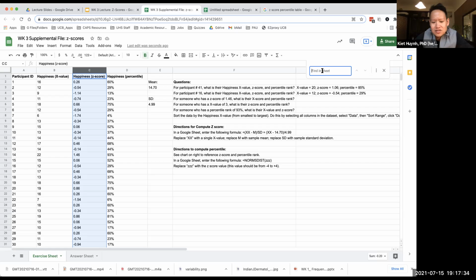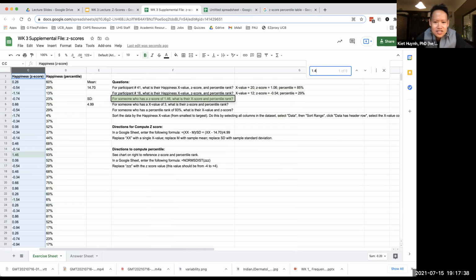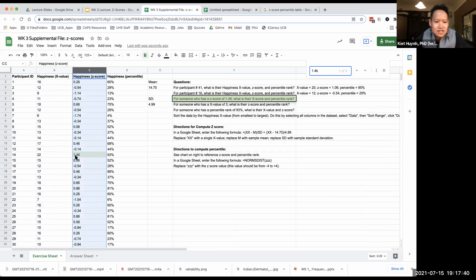It's the keyboard shortcut for finding in a sheet. Put 1.46, and it shows it right here. It's participant 14. So the X value is 22. Percentile rank 93%.